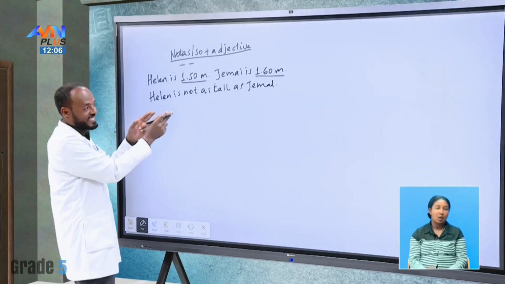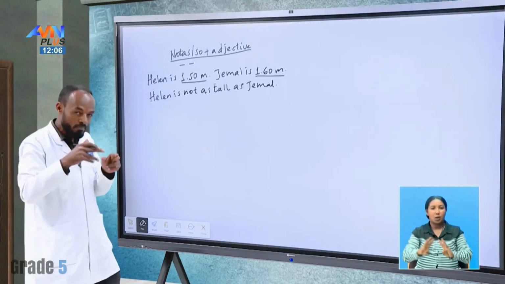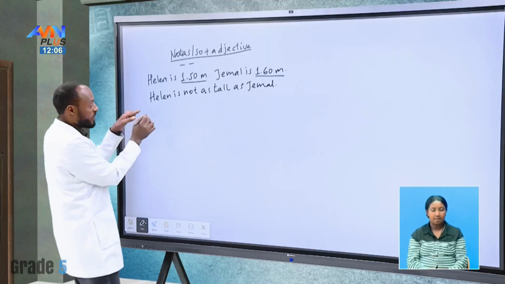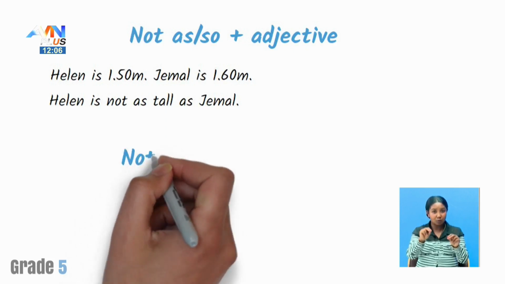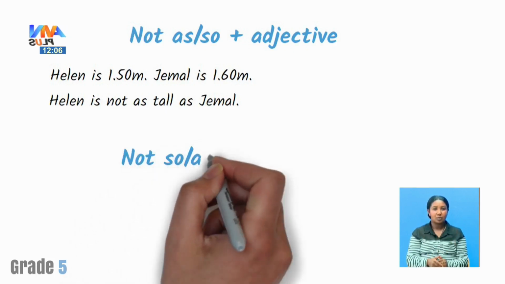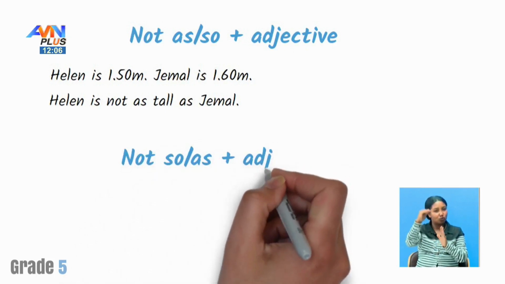And also we can write this sentence in another way, with the same meaning. When we start from Jamal, Jamal is not so short, because we are changing the position.